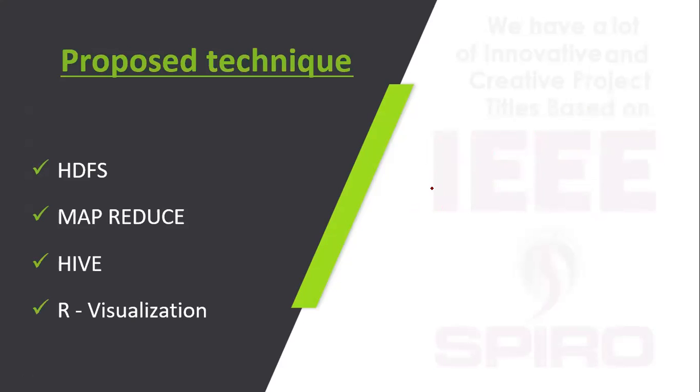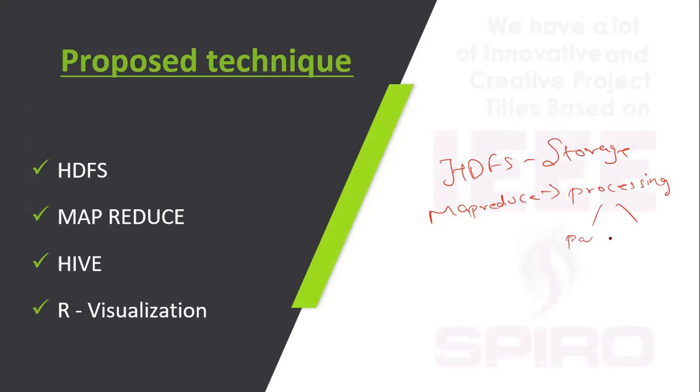Proposed technique: HDFS is for storage, and MapReduce is for processing. It will reduce the time taken for processing using the parallel processing technique. And Hive is for analysis.